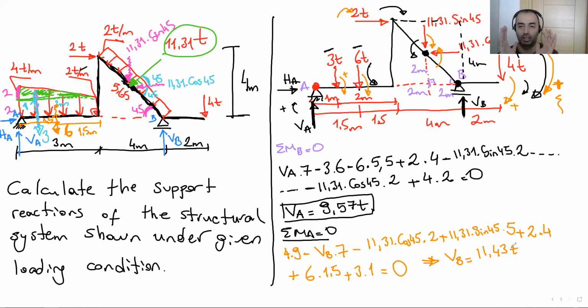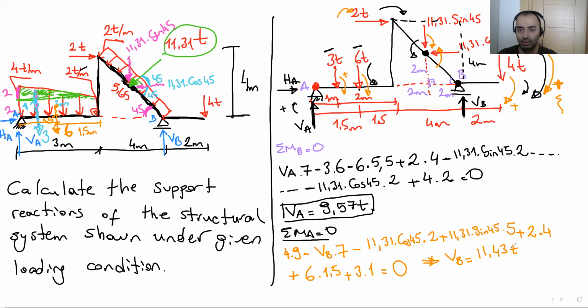Please try to get the logic here. I'm not doing a different thing. It's regardless of the shape of the system. If I have loadings on the system, I take the moments one by one and check the sign, if it's positive or negative, then force times distance.